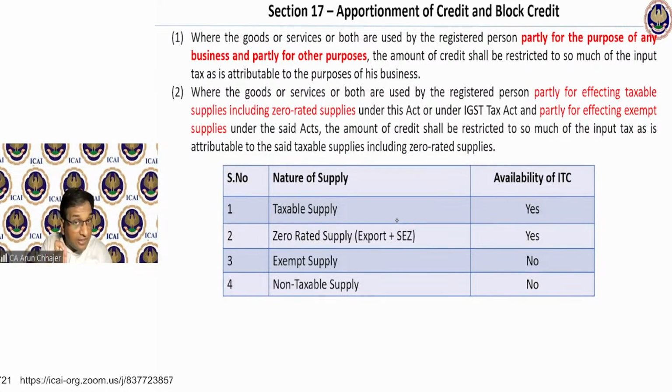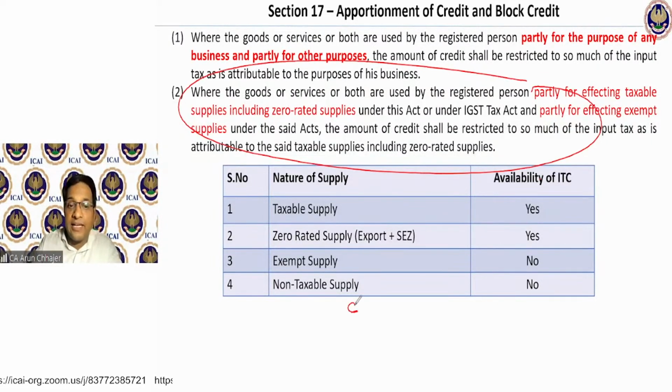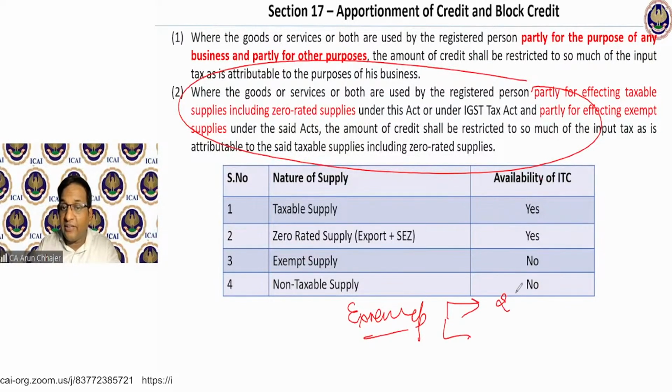But here one thing you need to understand: the exempt supply, as defined in the GST, has a widened scope only for the purpose of 17.2. It means whatever exempt supply has been defined in section 2 clause 47, it is not limited to that.